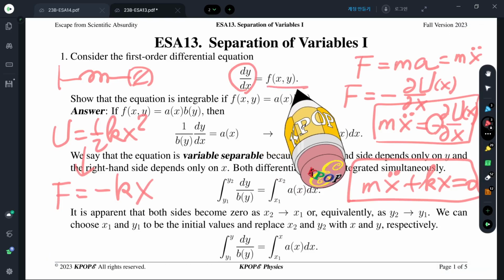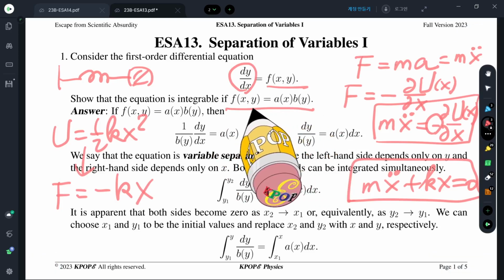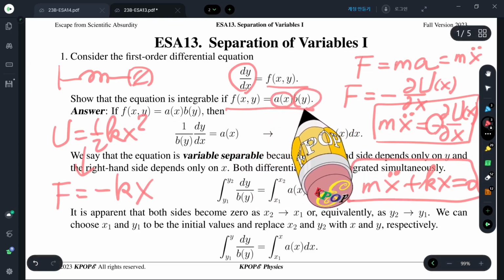But in most cases of physics problems, in reality, they are quite common. The simplest case is a factorized form. It is not mixed up, but factorized as a product of a function of x and a function of y.